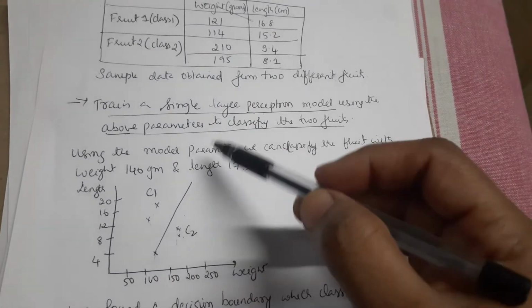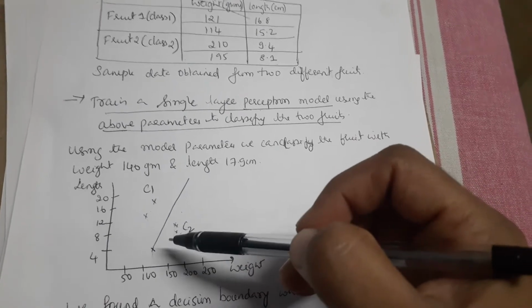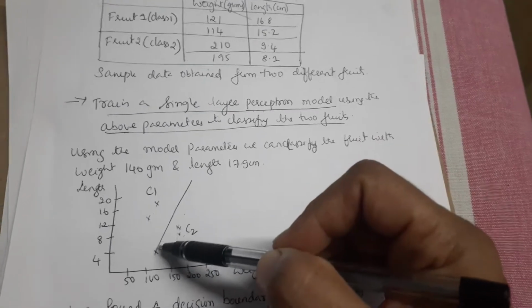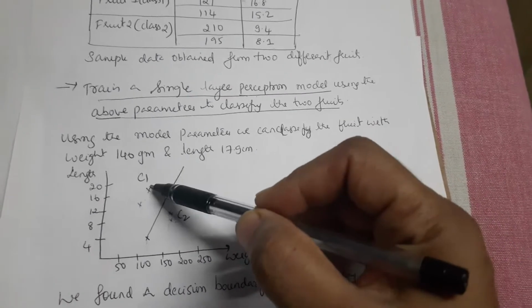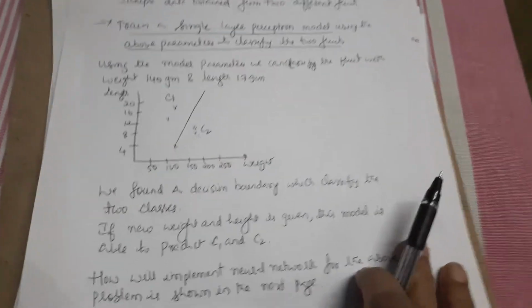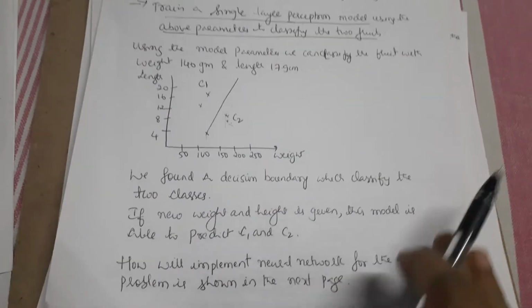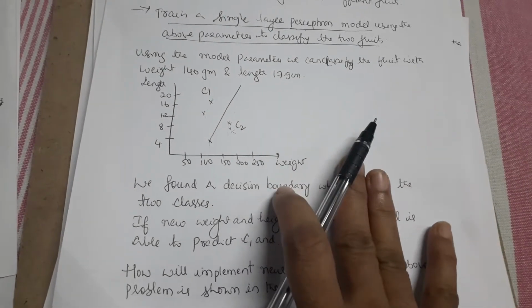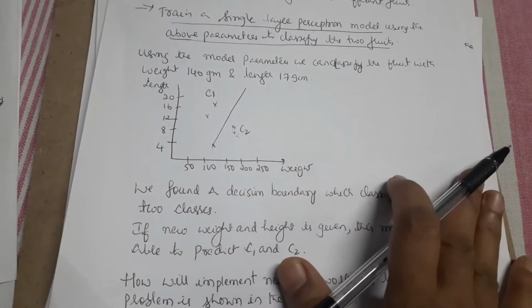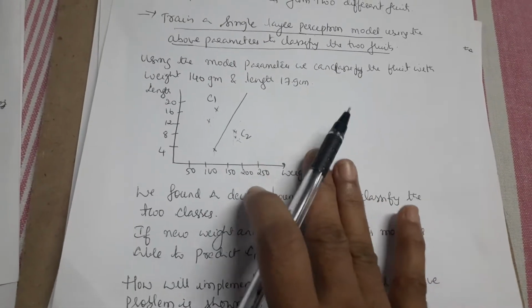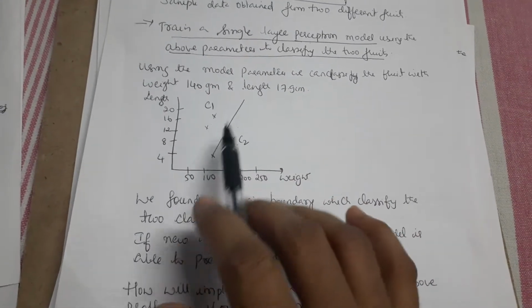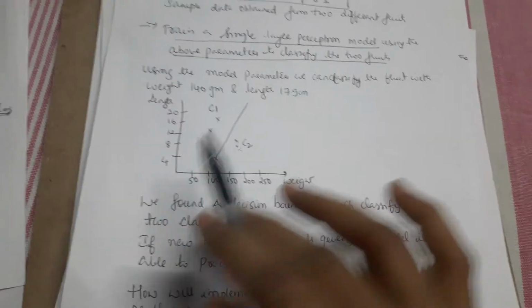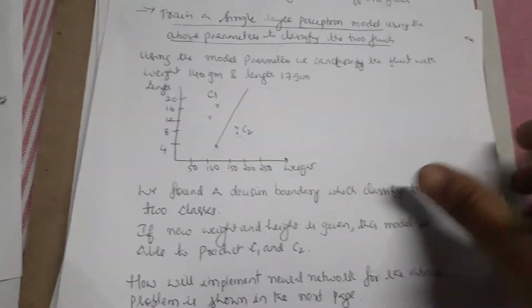So by using the above parameters, we can generate a linear classifier, a decision boundary which separates class 1 and class 2. And how can this classification method be built using neural networks? How this is generated using neural networks, let us see next.